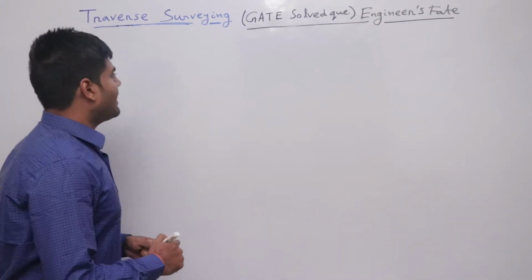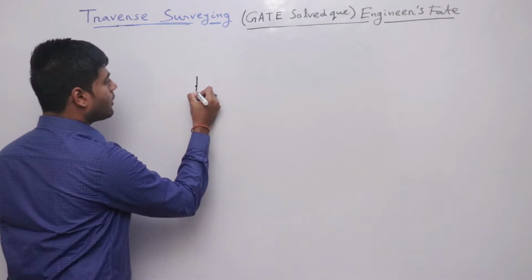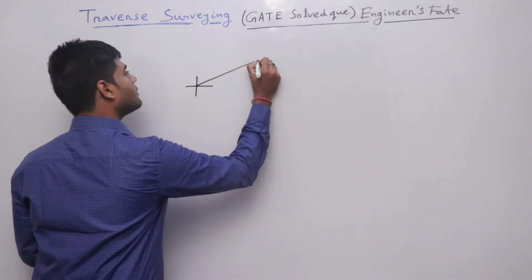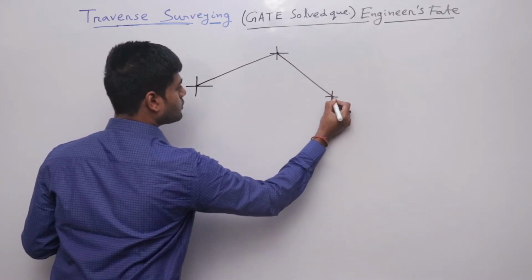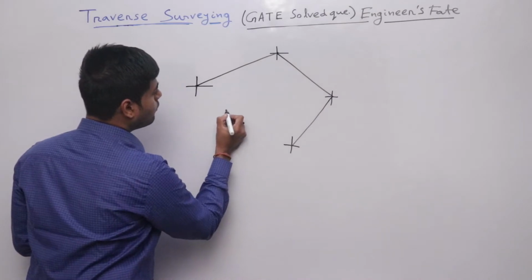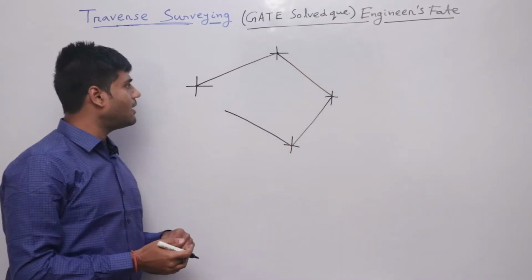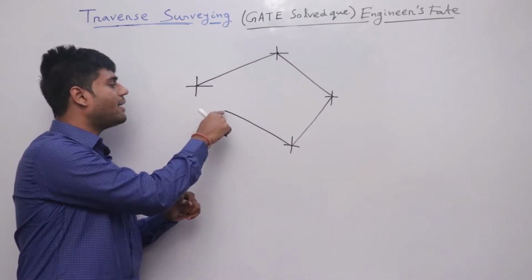Next, there is a point and I start my survey work from this point, and I start the traverse survey. I continue the traversing process, and before ending the traversing, I realize that I started my traversing from here and I am ending here.